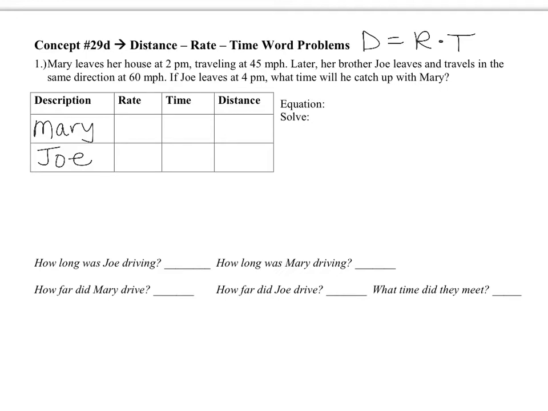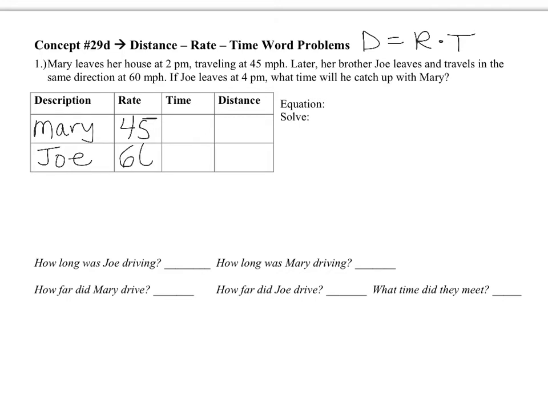So rate is always measured in miles per hour, feet per second, inches per minute, something like that, right? So that's a rate. So Mary is 45. So I'm just going to put 45 in for rate here. And then it says later, her brother Joe leaves and travels in the same direction at 60 miles per hour. So Joe's rate is 60.